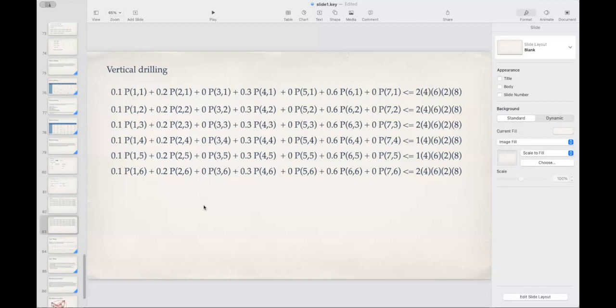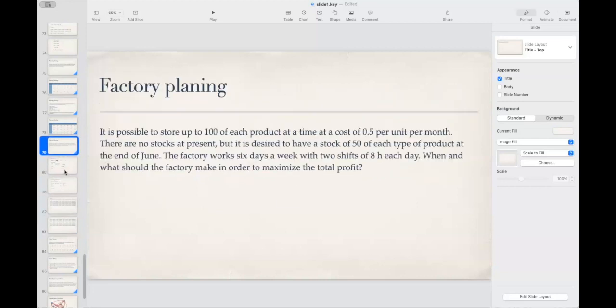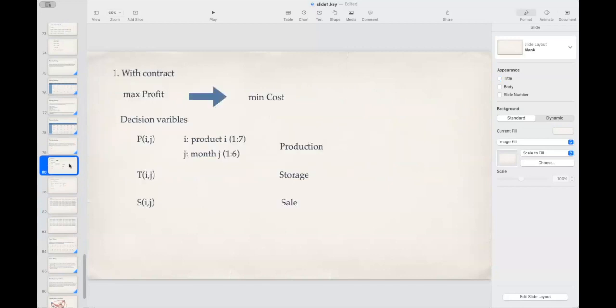We repeat this for horizontal drilling and planer and borer. Okay, then you repeat it. And what else? What other constraint do we need?